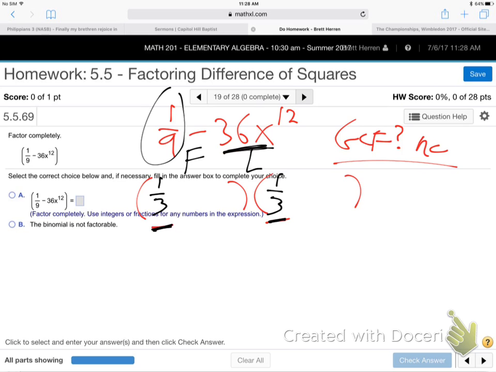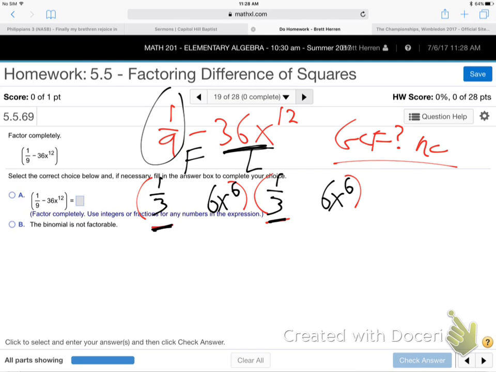And last times last to be 36x to the 12th. Remember, powers add, right? Powers add. So what's that going to be? 6x to the 6th, 6x to the 6th. Is that making sense there? Is that good? Because 6 times 6 is 36.